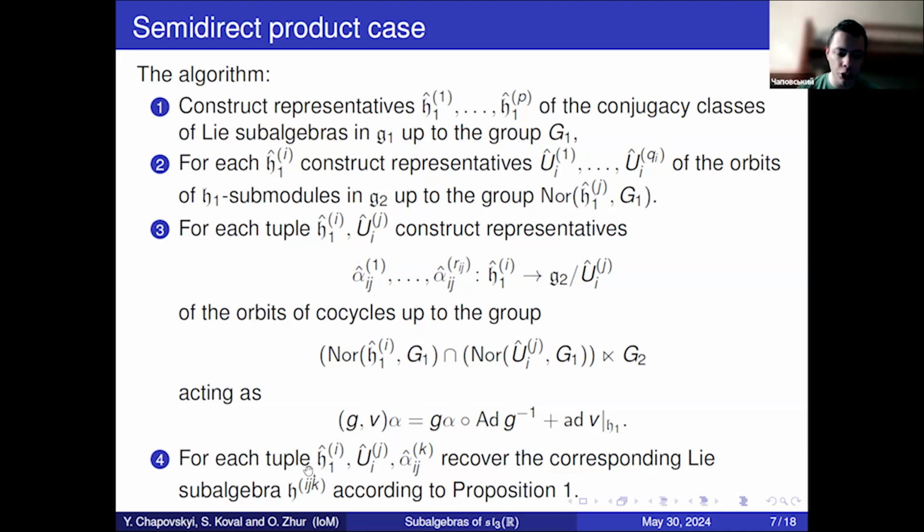And then for each triple H1, U, and alpha, we recover the corresponding Lie subalgebra H according to the previous proposition.